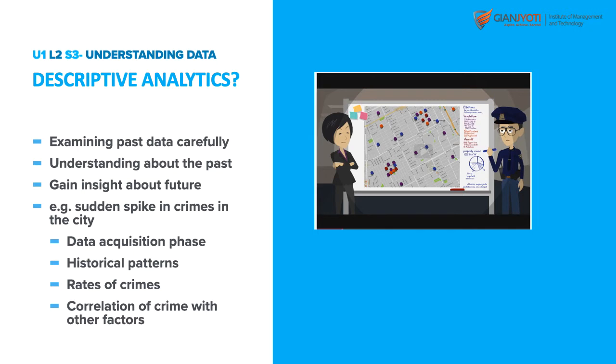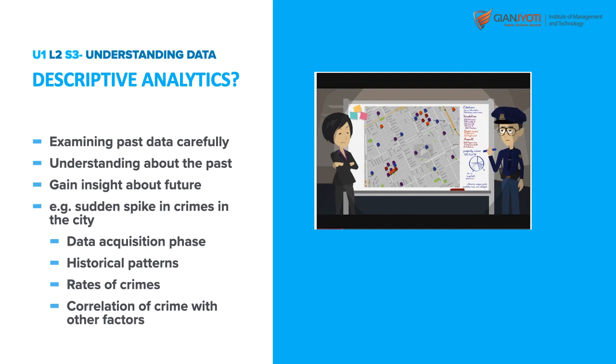For example, for descriptive analytics, there is a certain rise in crimes in a particular city. So first thing we do is we do the data acquisition of the past. Then we try to have the historical patterns coming out of that data.